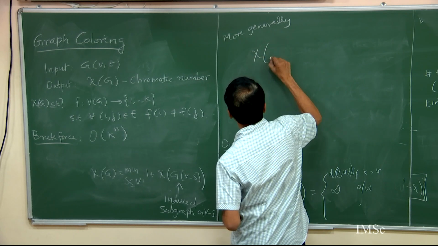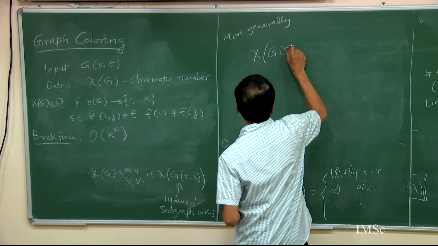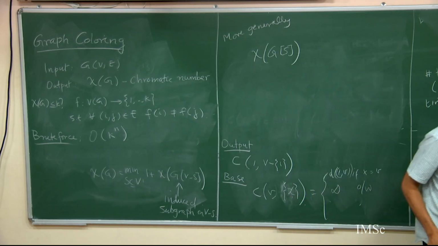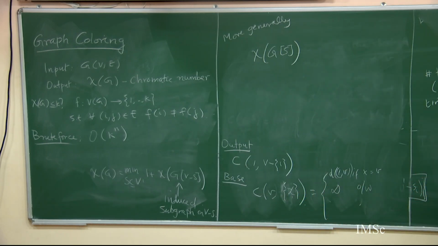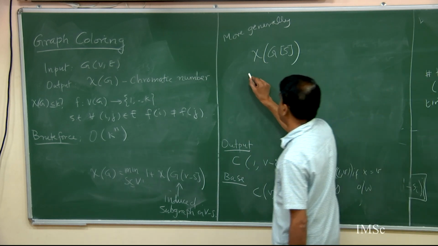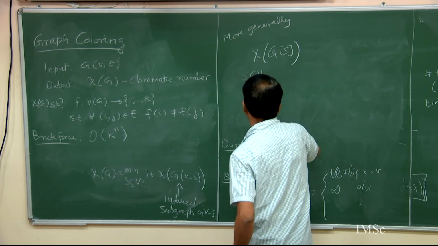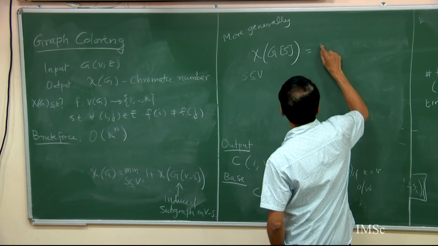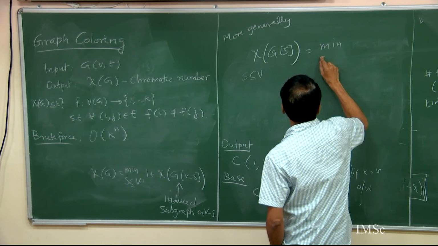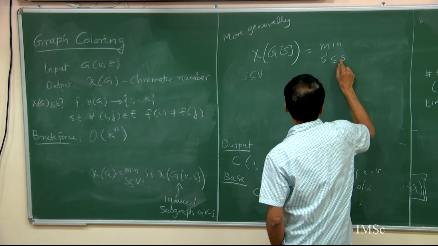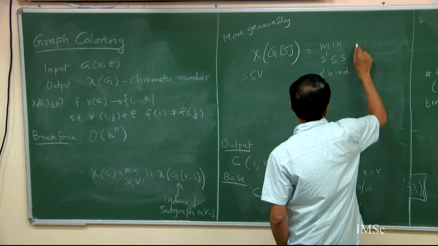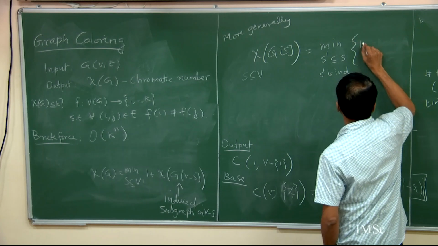I want the chromatic number of a subgraph. The subgraph is determined by a subset of vertices. And what is this quantity? We know it is the min over all S prime contained in S, where S prime is independent, of 1 plus the chromatic number of the remaining subgraph.